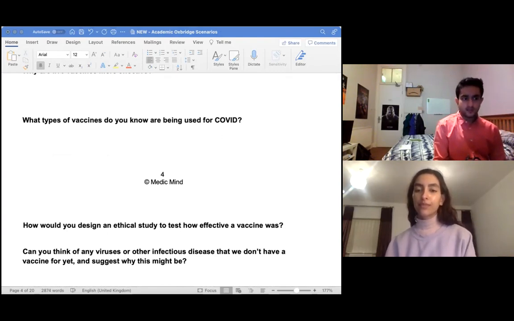HIV, which I think is quite difficult to do a vaccine for because it targets the immune cells themselves. So it's difficult because the vaccine is targeting the immune cells that you're trying to make against it. And also there isn't a lot of antibody response to it. So I think those might be the key ones.